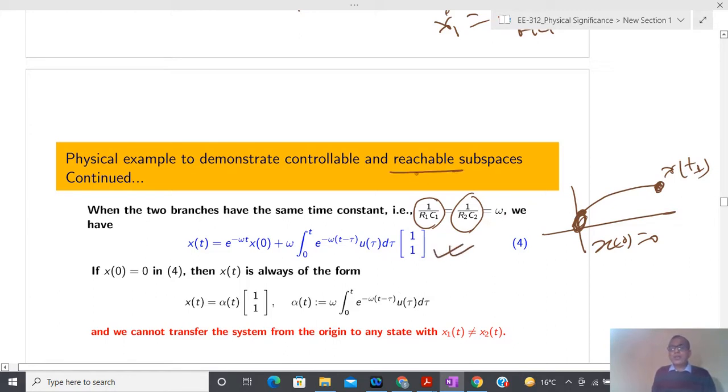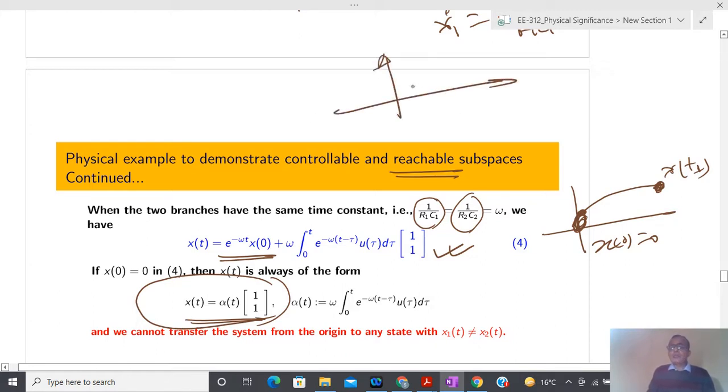Whenever I am talking about reachability, I have to reach from here to some non-zero state, and due to that reason I have to put this equal to 0. If you keep this equal to 0, then this kind of situation comes into picture, and here you can see alpha, which I have defined like this. So to transfer a system in two-dimensional space, I have two different kinds of things.